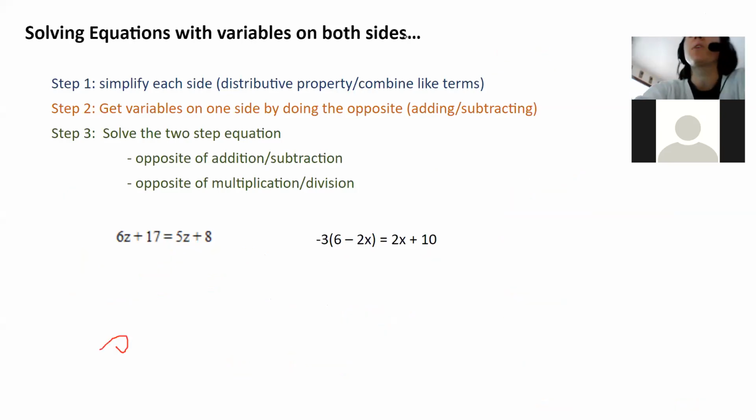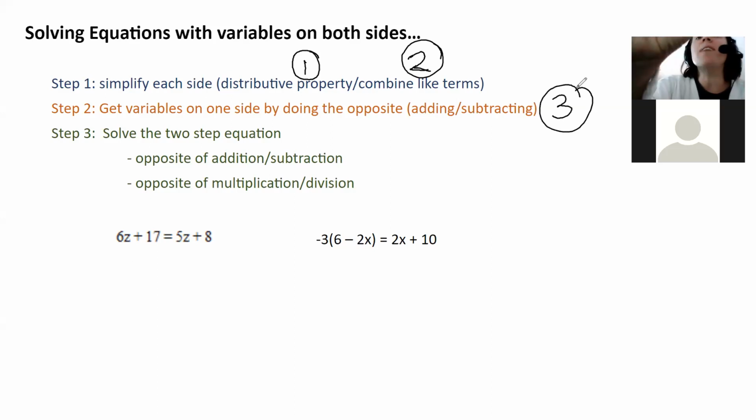I appreciate you. Okay, so we're going to add in a little extra step. So our first step remains the same. Anytime you see parentheses, you do that distributive property. Anytime you got to combine like terms, you do that next. Step 2 is going to be get variables on the same side by doing the opposite.